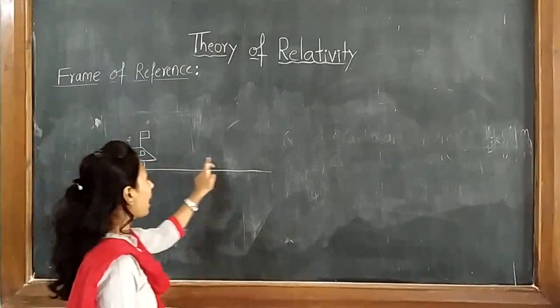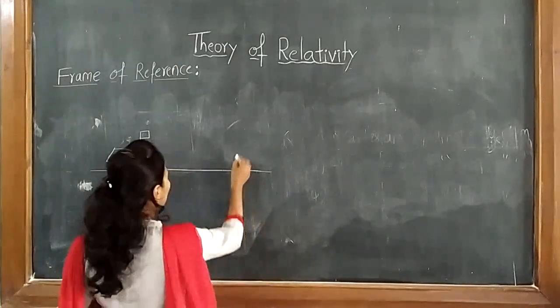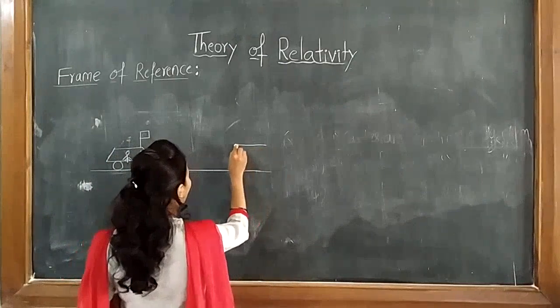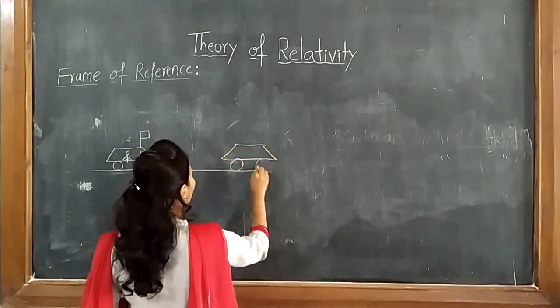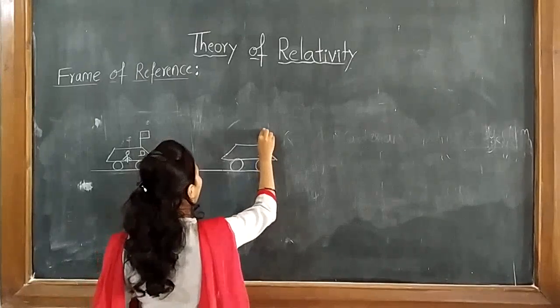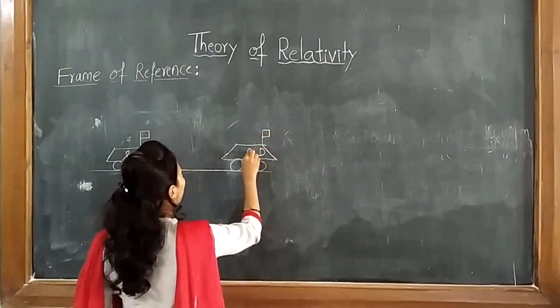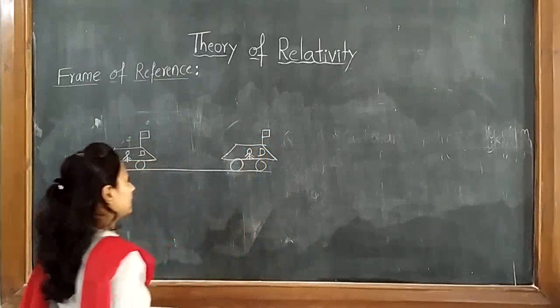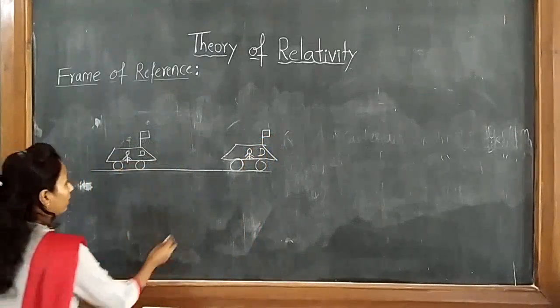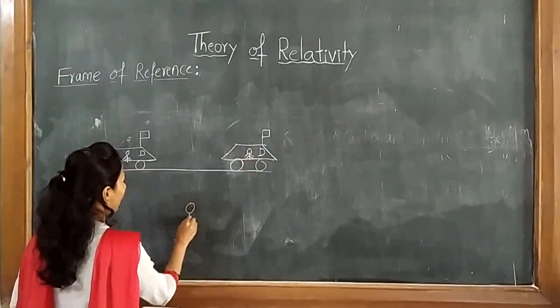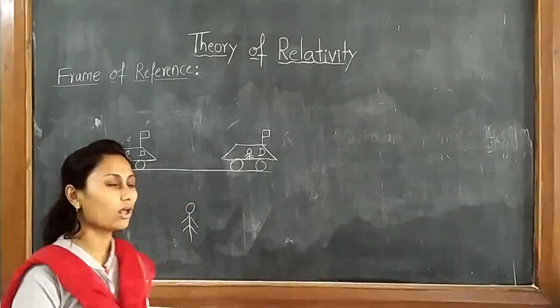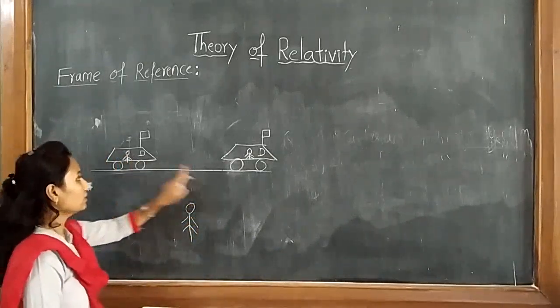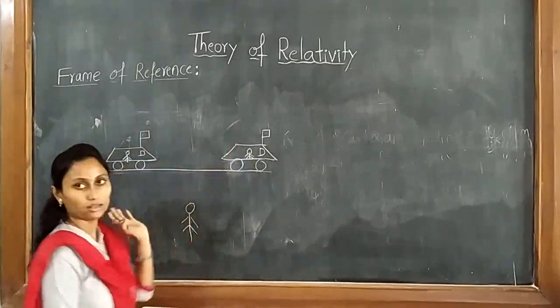As the car is moving, after a certain interval of time, it reaches this position. Again a flag will be there and the same person will be sitting in the car. Now another person I will take, who is outside the road, observing the same car and the flag also.